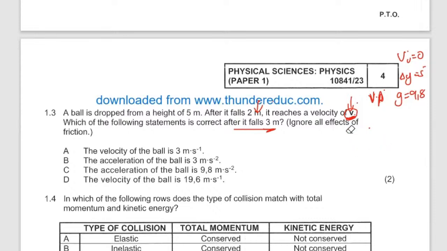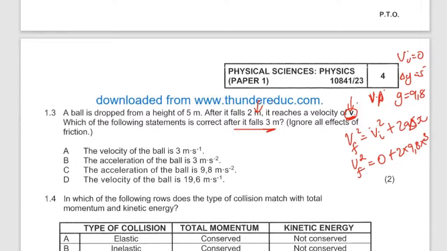How about I use the V squared one? It makes sense, yes. VF squared is equal to VI squared plus 2a delta Y. So our VF squared, we initially say VI is 0, plus 2 times 9.8 times 3.